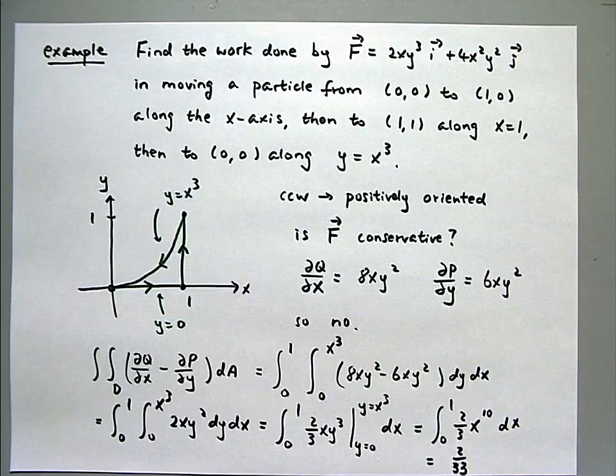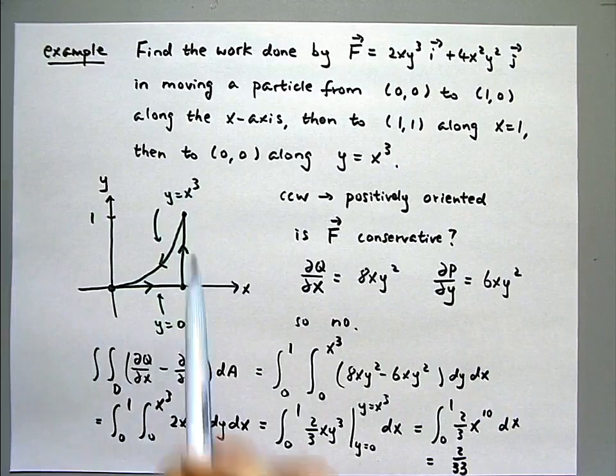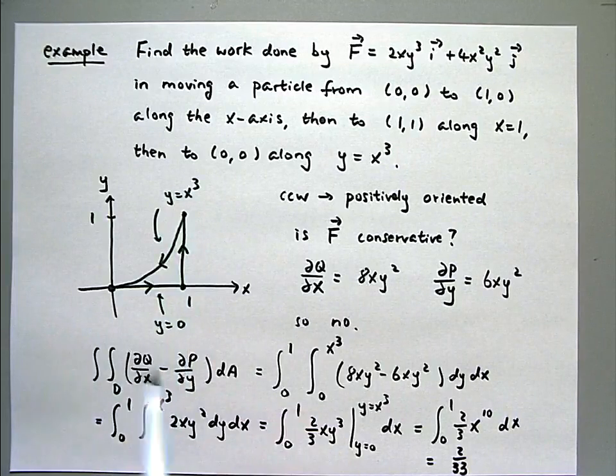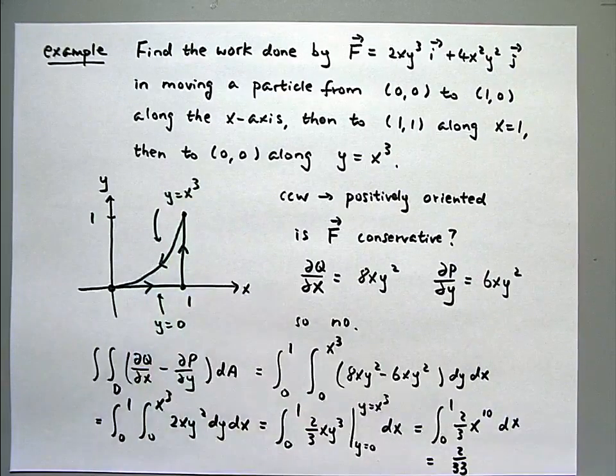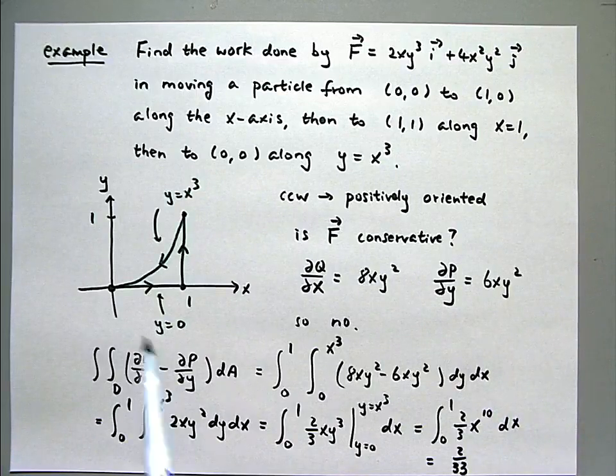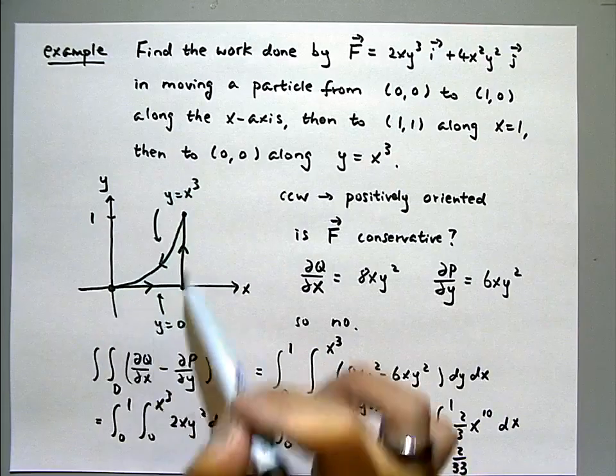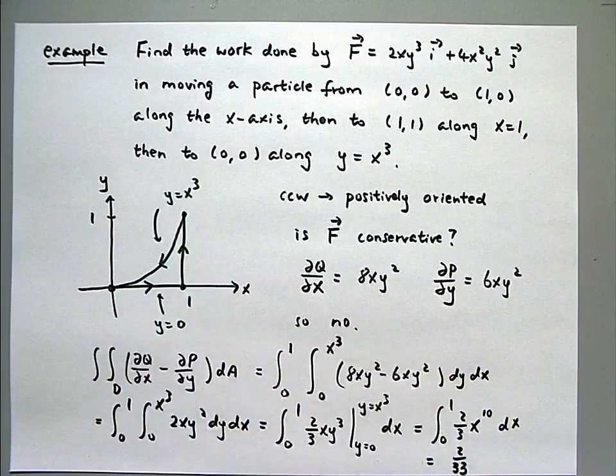Now, if you were doing this the old way, then you would have to split this into 3 different paths. C1 is that, C2 is that, C3 is that, and then integrate 3 separate integrals of f dot dr. Not terribly difficult, but takes comparatively much more time. Okay? So Green's theorem is a very powerful tool if you have the right conditions: a closed curve, a simple curve, meaning that the path cannot cross over itself.